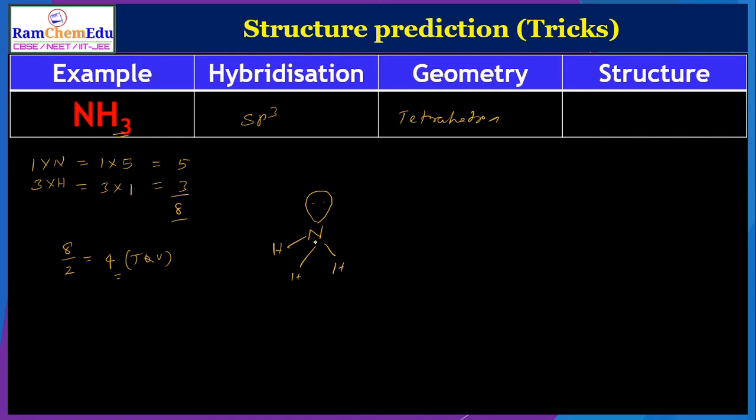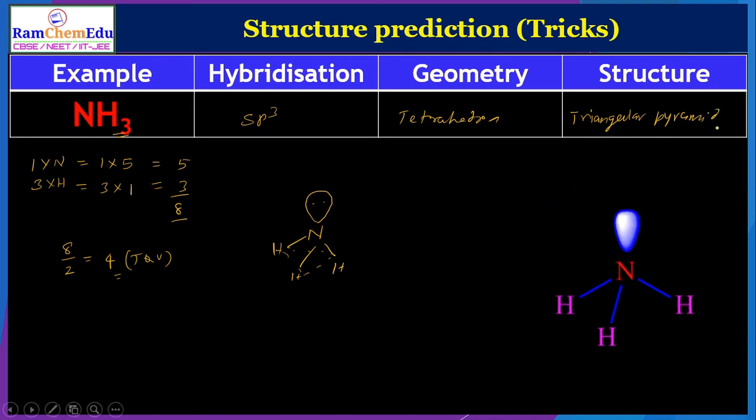If we consider the remaining thing by omitting this lone pair, it will be a trigonal pyramid. You can see that it's a trigonal or triangular pyramid. So we can write the structure as triangular pyramid. So this is the structure of ammonia.